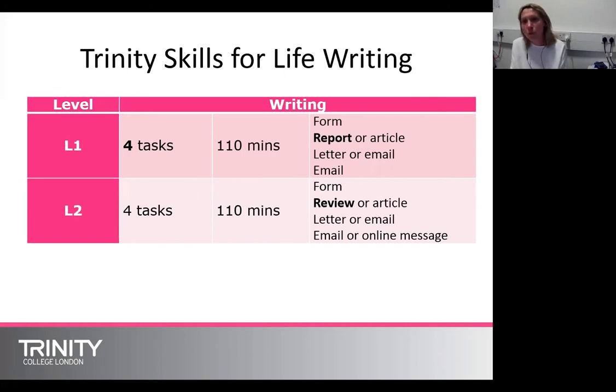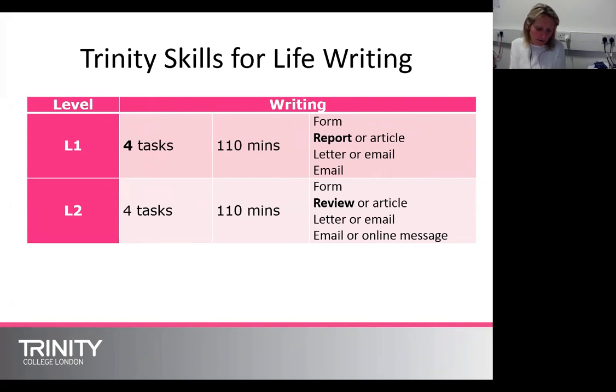So it's not just what the candidates are asked to write. It's not just about the text type. But at level 1 and level 2, it's really important they understand what the purpose of their writing is as well. At level 2, candidates write the form as a first task. And then the second task would be a review or an article.